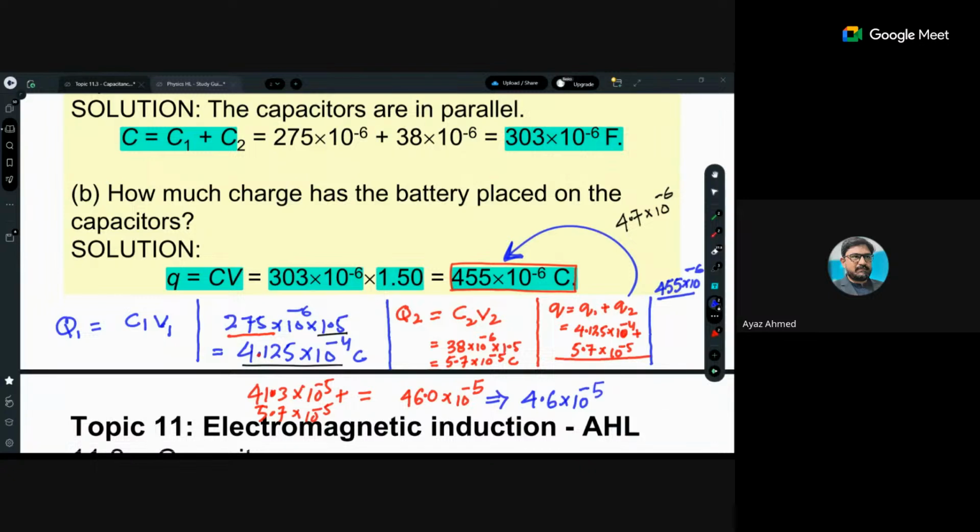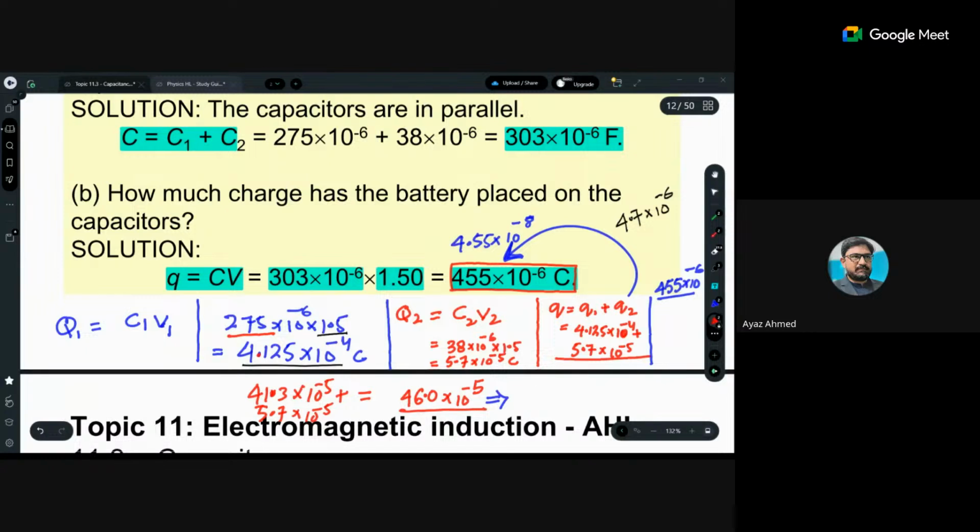Just keep it over here and convert this into 4.55. We are making some mistake in calculation, that's it. Otherwise, no, because here it is 460 into 10 to the power minus 6.